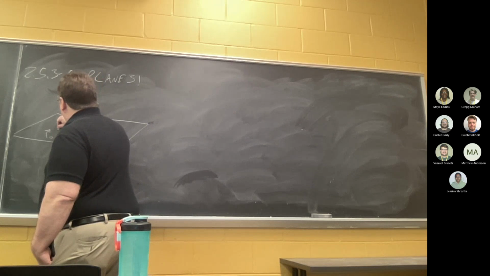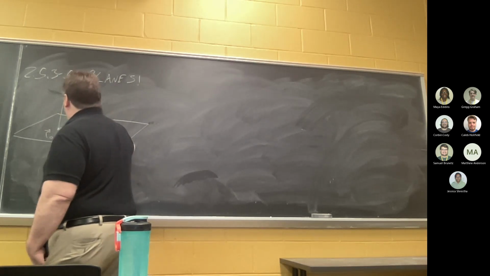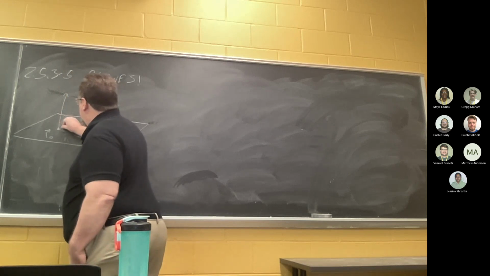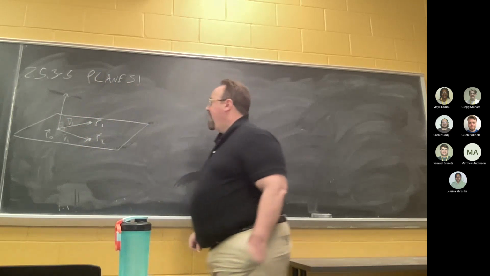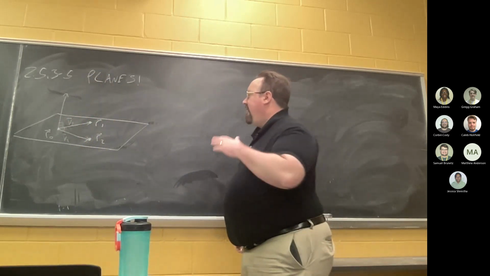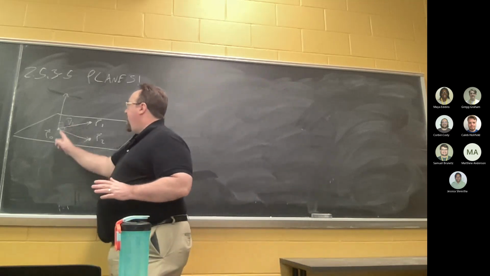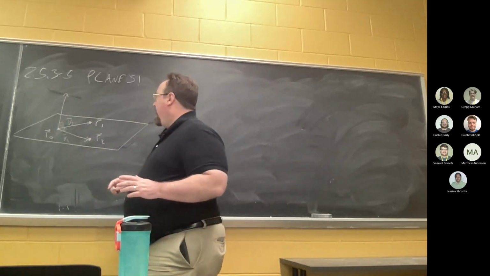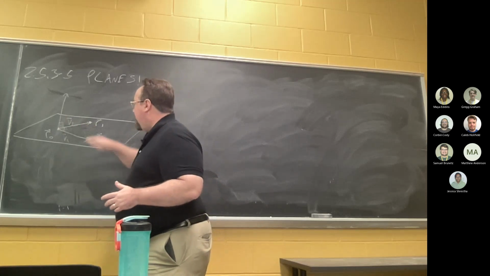Now, if I have a vector that is orthogonal to both V1 and V2, any vector that resides within this plane is going to be orthogonal to this vector too, because it can be described as a linear combination of these 2 directions, V1 and V2.